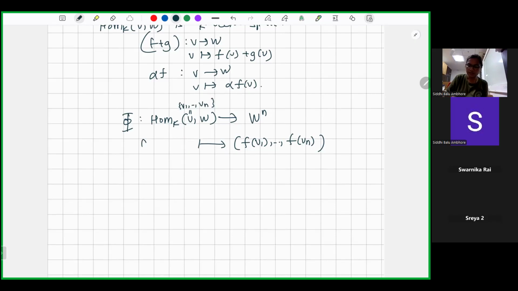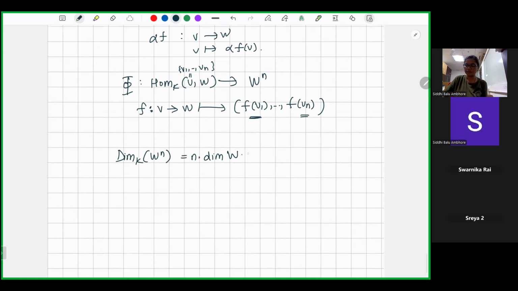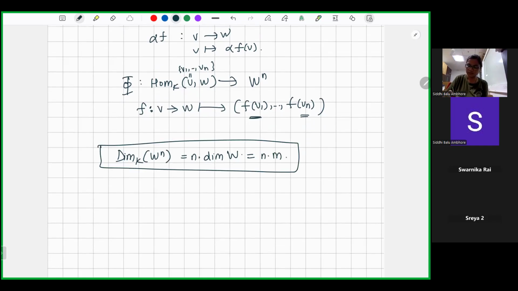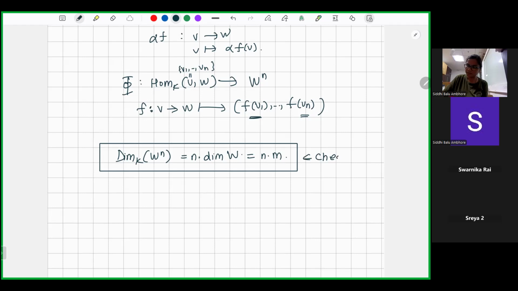I'm choosing this f from V to W, and in each coordinate I'm fixing f(v1), f(v2), up to f(vn). The dimension over K of W^n is n times the dimension of W, so this is n times m. You can check this, because this is the K dimension.